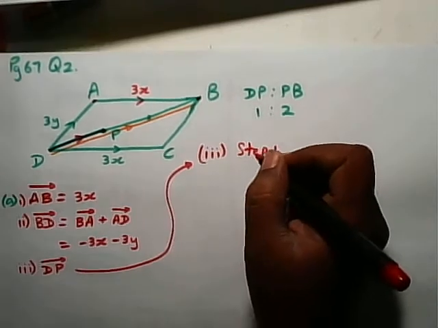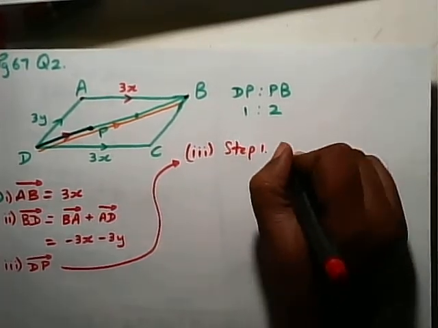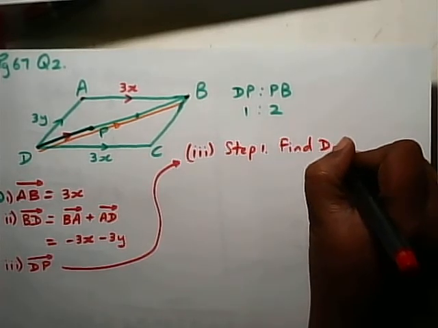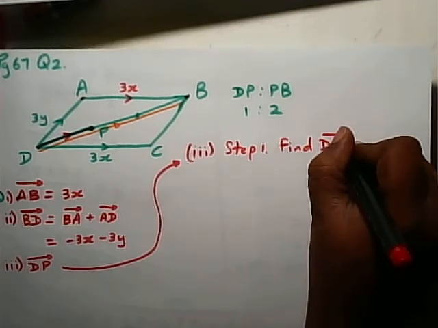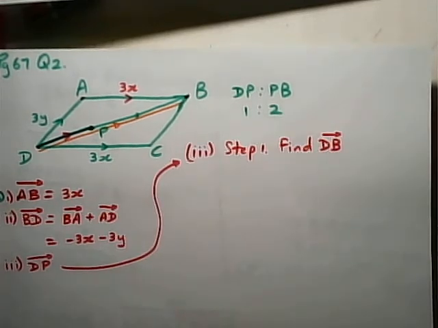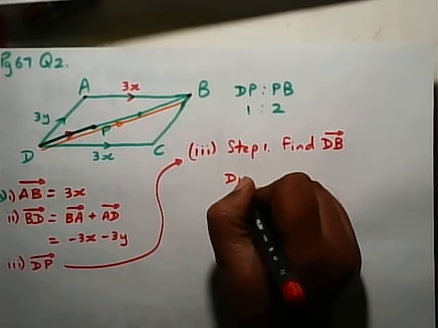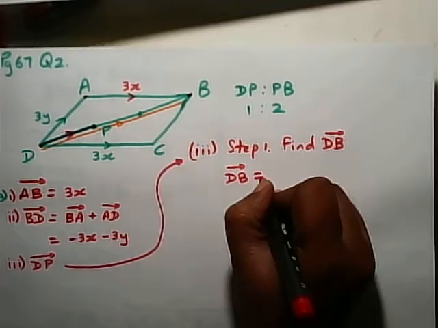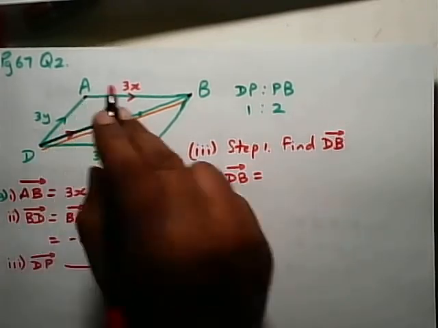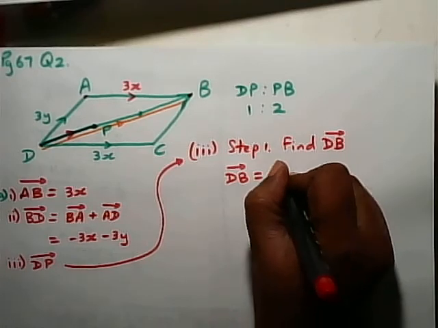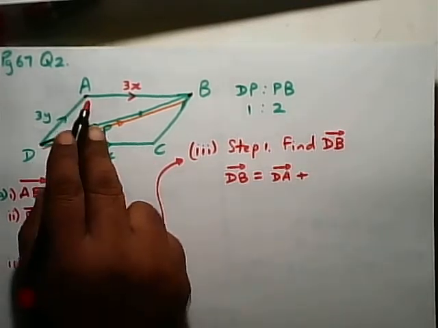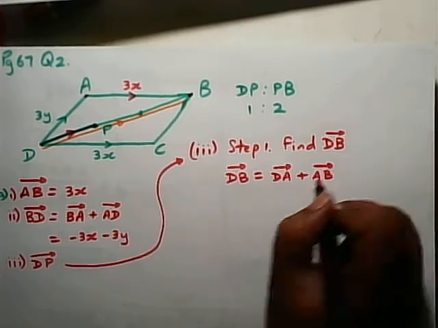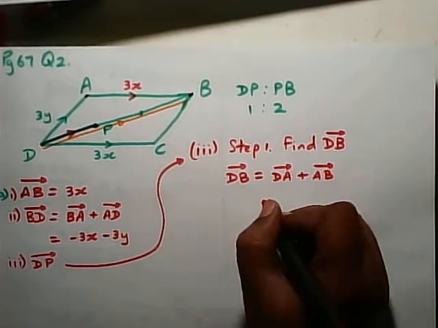Step 1. We're going to find DB in terms of x and y. DB, as the orange line, we could go from D to A, and then we could go A to B. Remember, we choose arrows that already have common letter names.